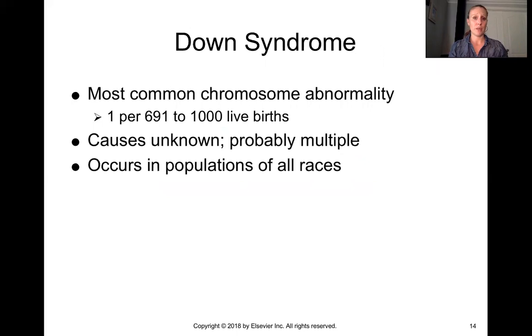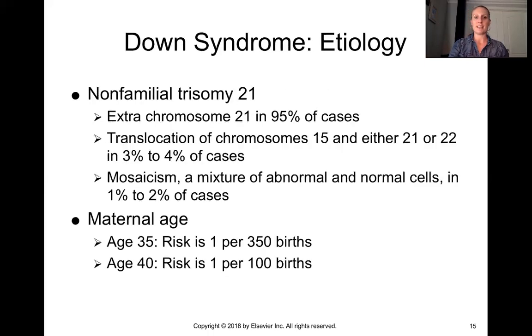So Down syndrome is one of our genetic components, and as you can see, the statistics here, we actually don't know the specific cause. And what I found interesting is that not all of it is the extra chromosome, the extra 21. So there's a few other things here.